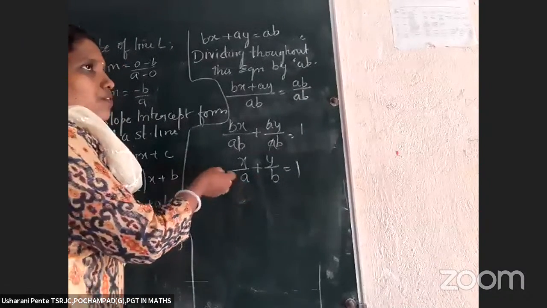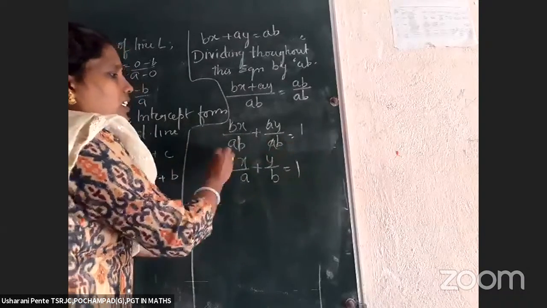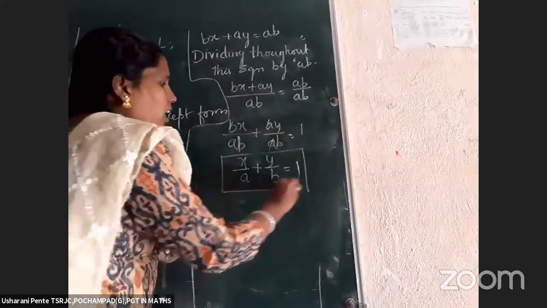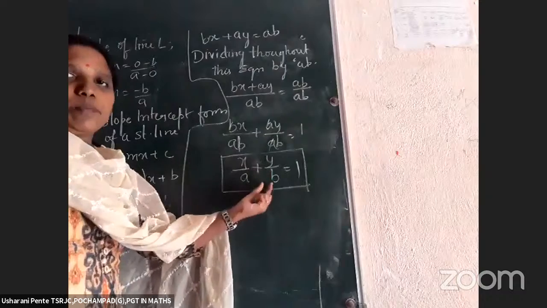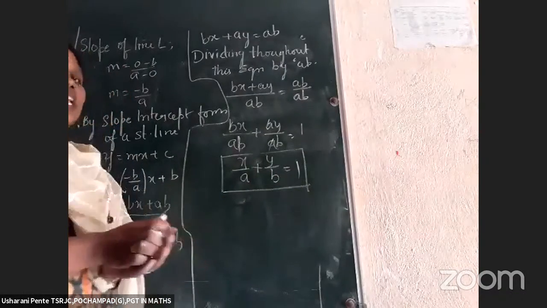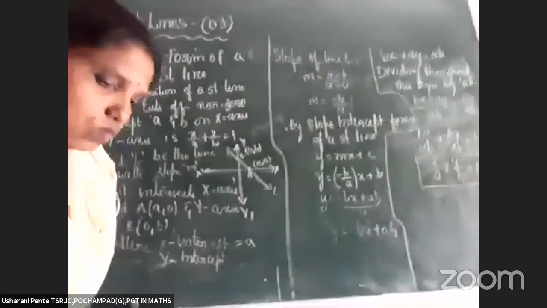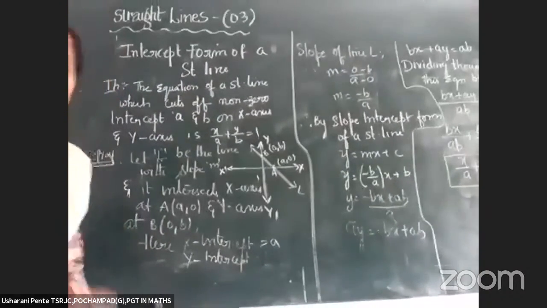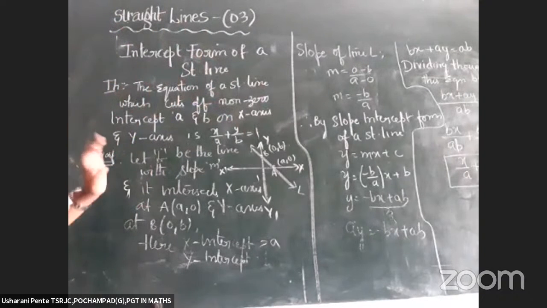Therefore, if they specify the x-intercept and the y-intercept, how do we find the equation? This is the way we will find the equation, that is x by a plus y by b is equal to 1. How do we find the intercept form of a straight line?